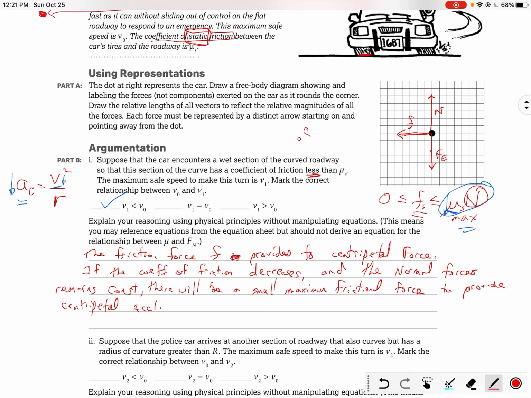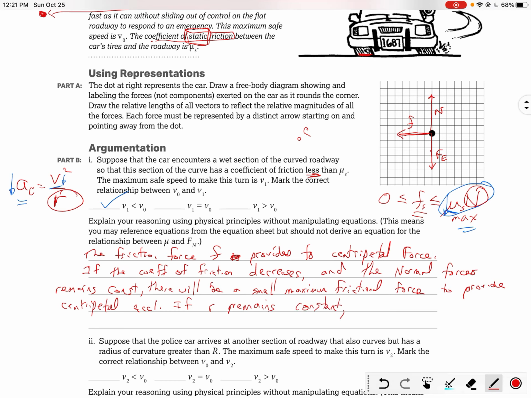So let's go ahead and also link in this idea of the radius, because we know that the centripetal acceleration is also related to the radius.